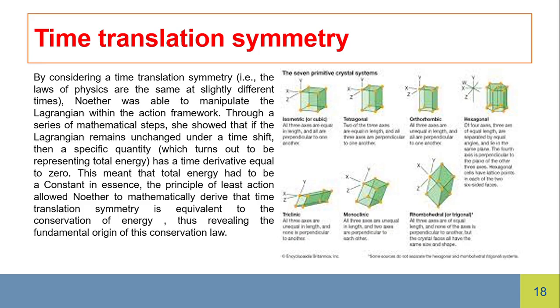Now, the continuity equation which Noether found. Here, she imagined the universe as a pipe, and that pipe is made up of space-time, and the water in it is the energy.